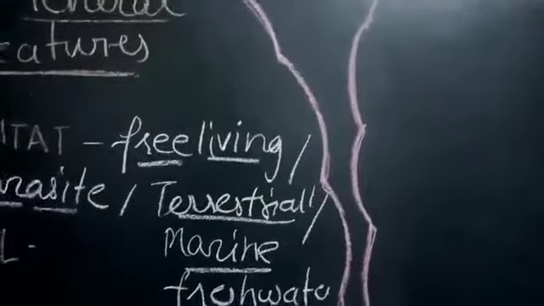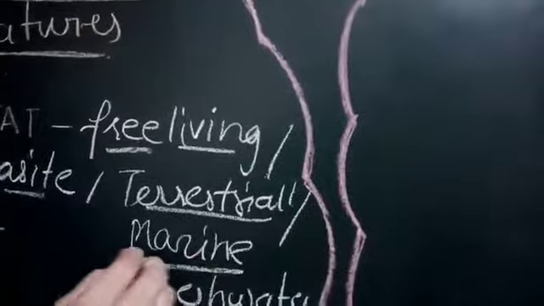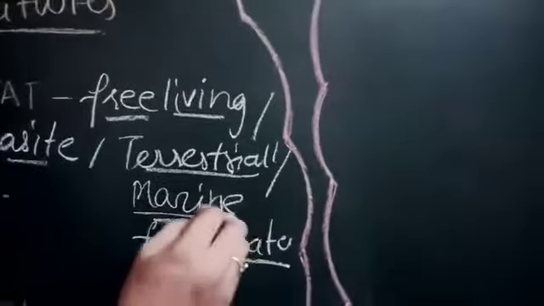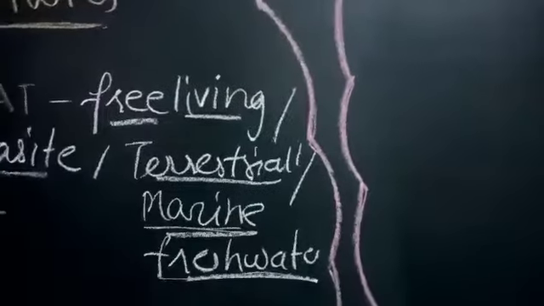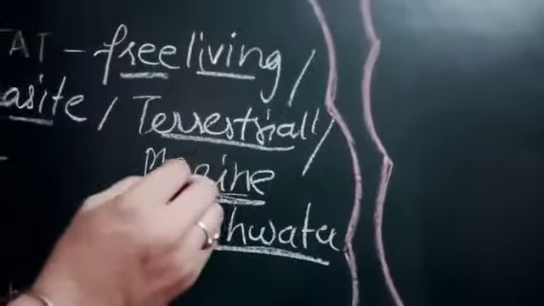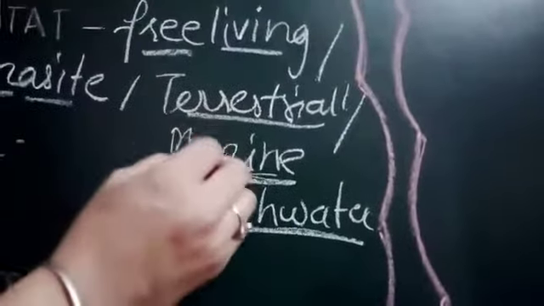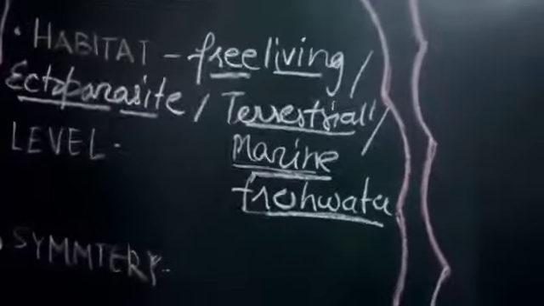The best example of terrestrial, in a moist environment, is the earthworm; marine is Nereis, an annelid; and freshwater is Hirudinaria, or the leech. These three examples are undertaken by our curriculum. So all three types of habitats are there.